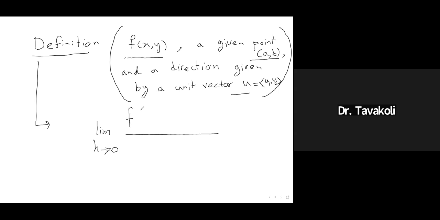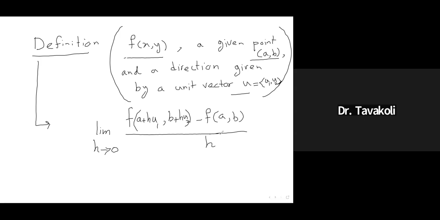It's the limit of f of (a plus h times u1, b plus h times u2) minus f of (a, b), divided by h. Let's see what this says.